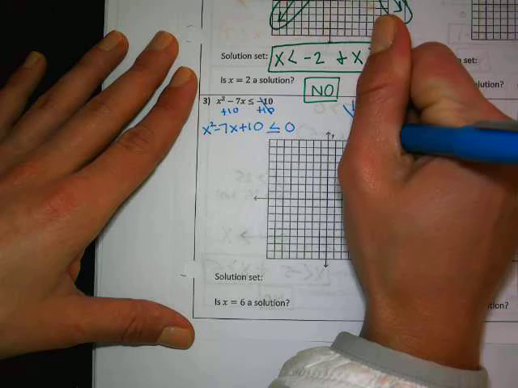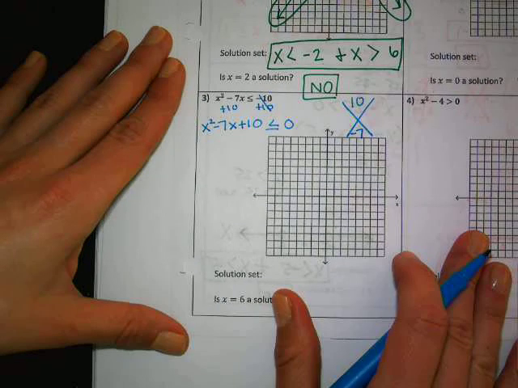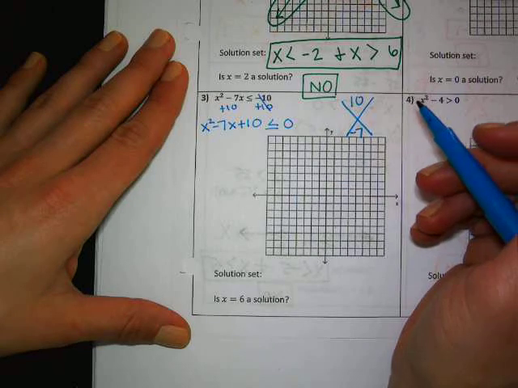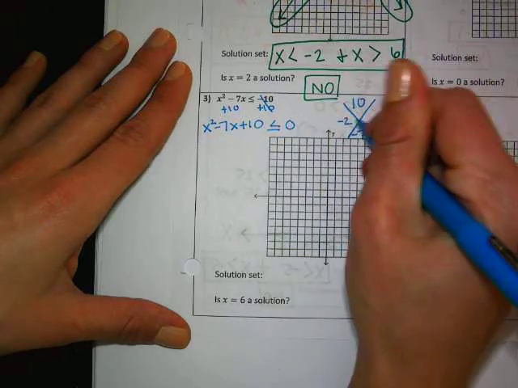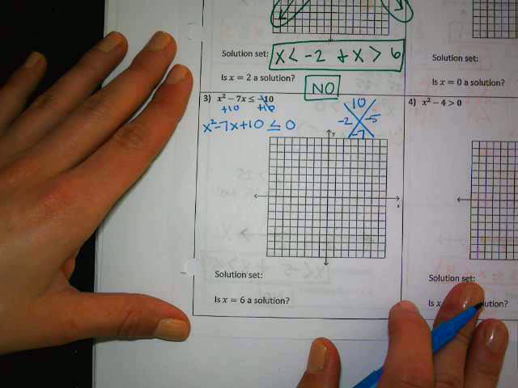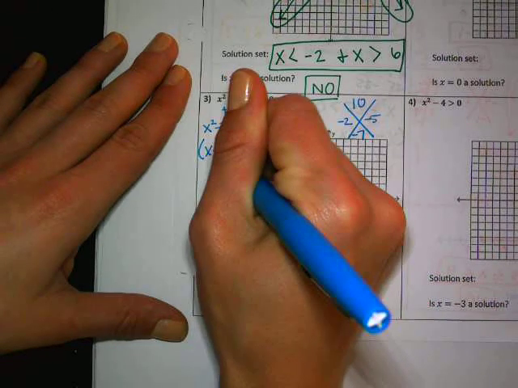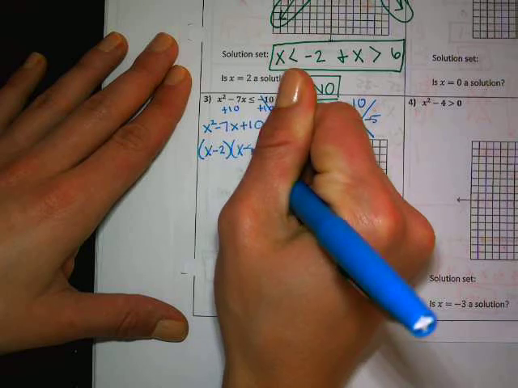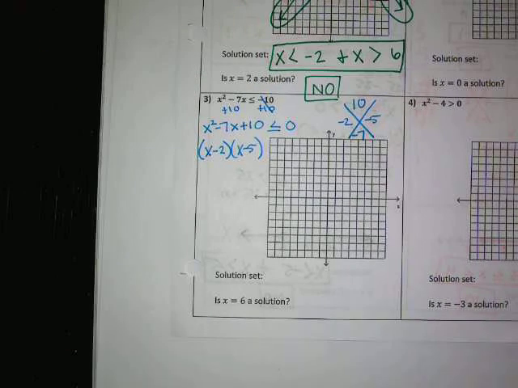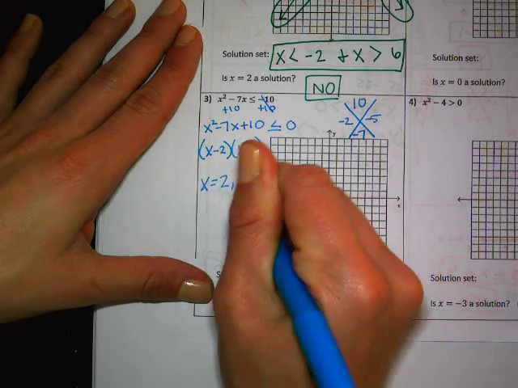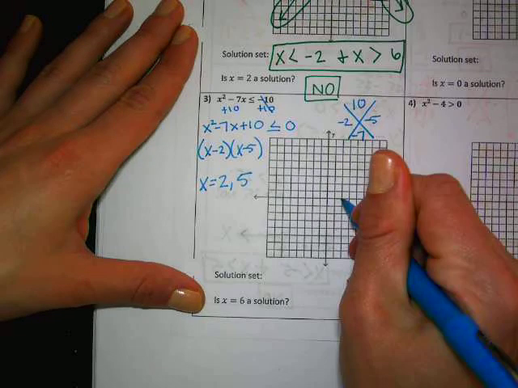Two numbers multiply to give you 10, add to give you -7. 2 and 5, and they're going to be negative because we want to get a -7. All right, x minus 2, x minus 5. X equals 2 and X equals 5. Very good. So 2 and 5.